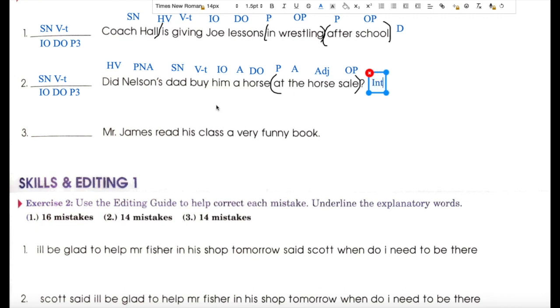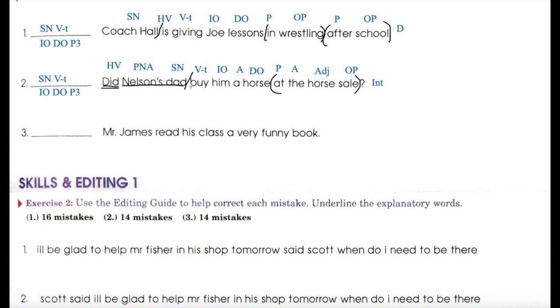Let's go back to the verb, buy. Divide the complete subject from the complete predicate. And this is inverted because it's a question, so let's do our underlining. We'll single underline our complete subject, and we'll double underline our complete predicate. All right, we're done with that one.